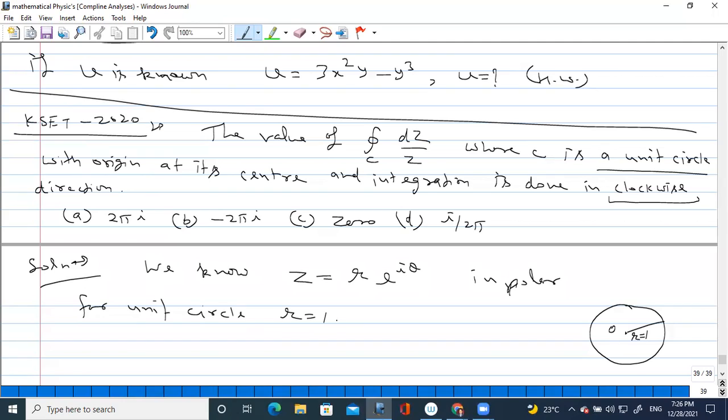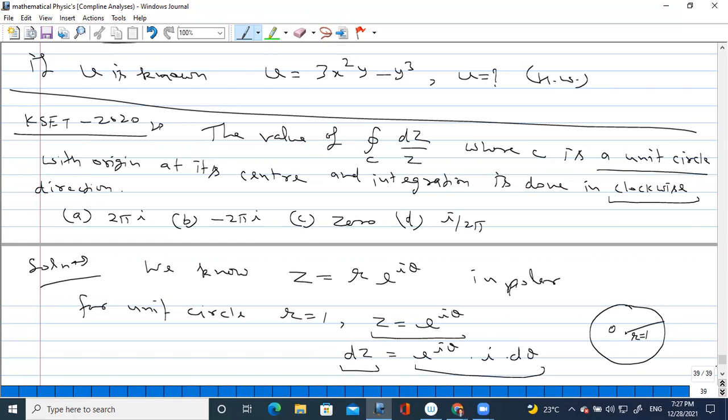Then your z will be equal to e to the power i theta. So dz will be, just differentiate this side. Only theta is the variable, so it will become e to the power i theta into i d theta. So dz will be converted to this and z will be converted to this.